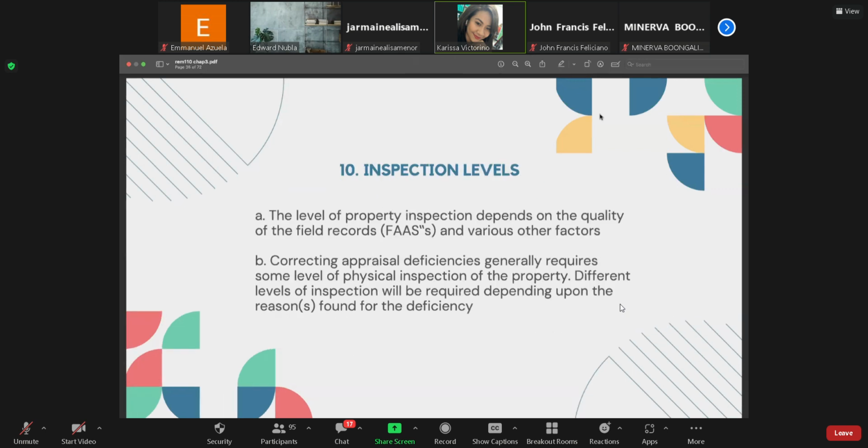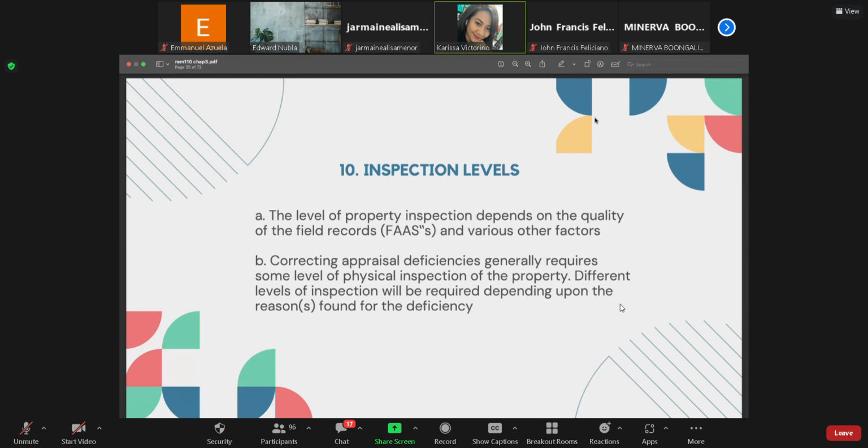Next is the inspection levels. The level of property inspection depends on the quality of the field records or FAAS, which was discussed a while ago, and various other factors such as years of last reappraisal, level of new construction, local changes, and changes in the building cost because of changes in code requirements, new materials, design, etc. Correcting appraisal deficiencies generally requires some level of physical inspection of the property.